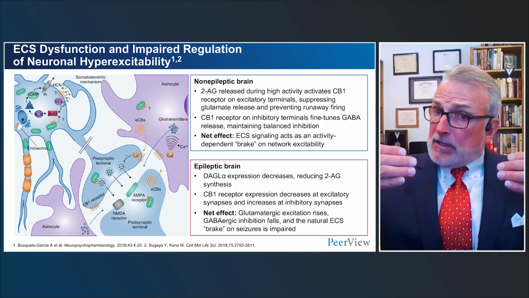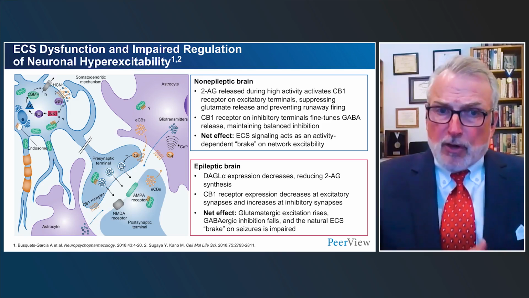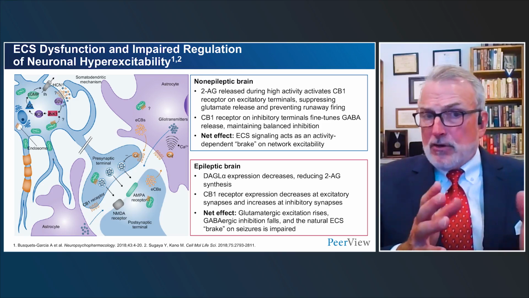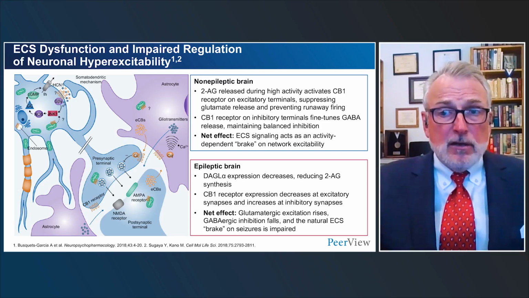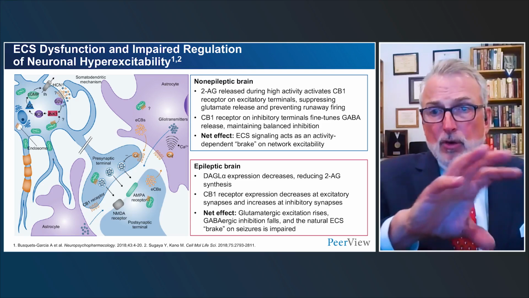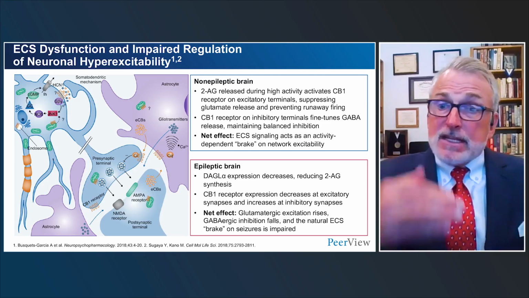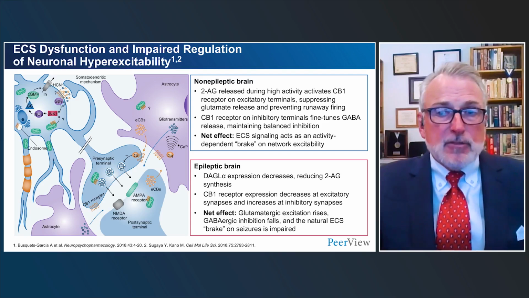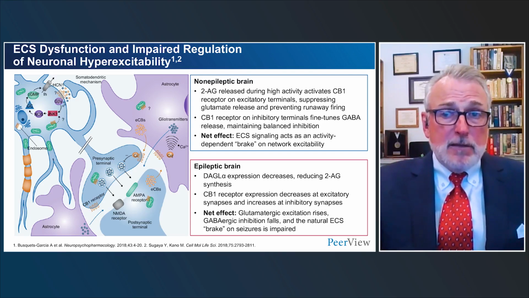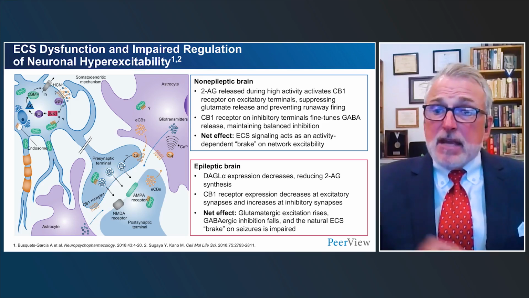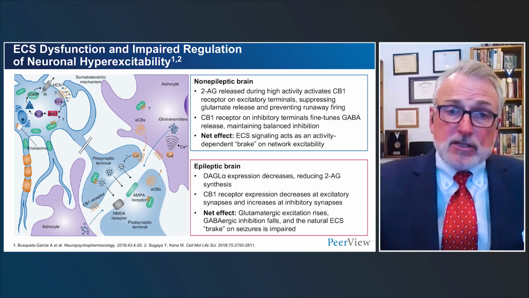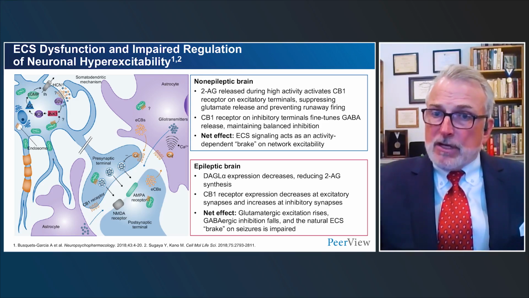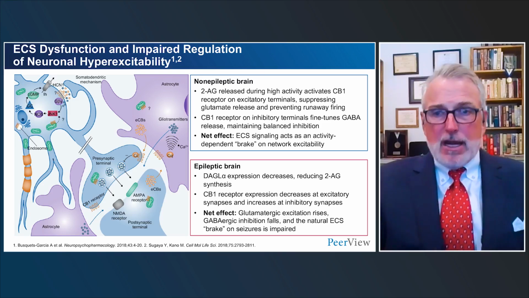But in the seizure prone disordered brain, what's going on is we have observed that the enzyme that makes 2-AG, one of these endocannabinoid suppressing molecules, is decreased. There's less of that enzyme to make the ECB, the endocannabinoid. At the same time, the number of CB1 receptors on that excitatory neuron are decreased. So there's less of a brake.